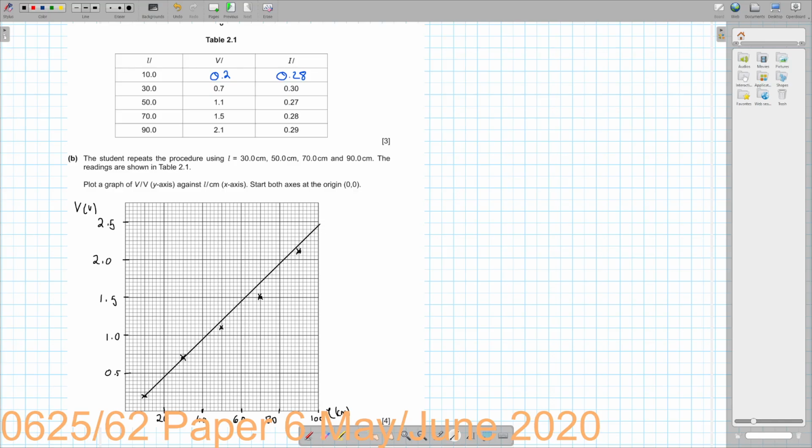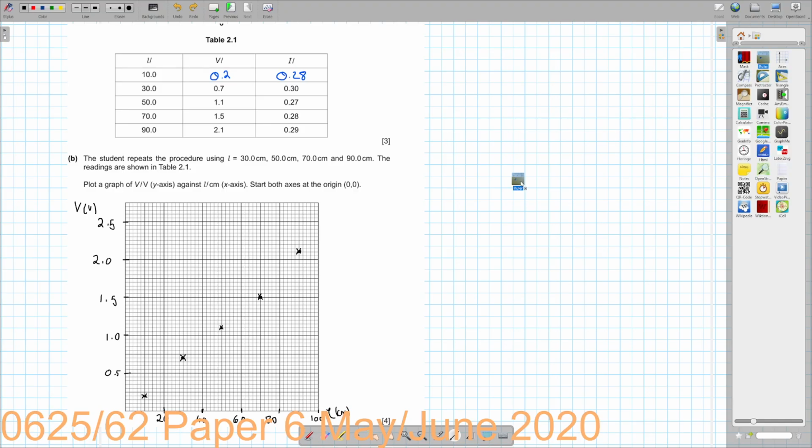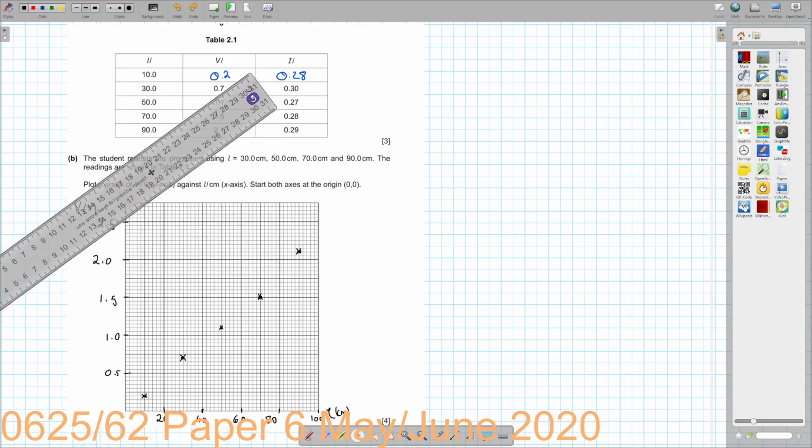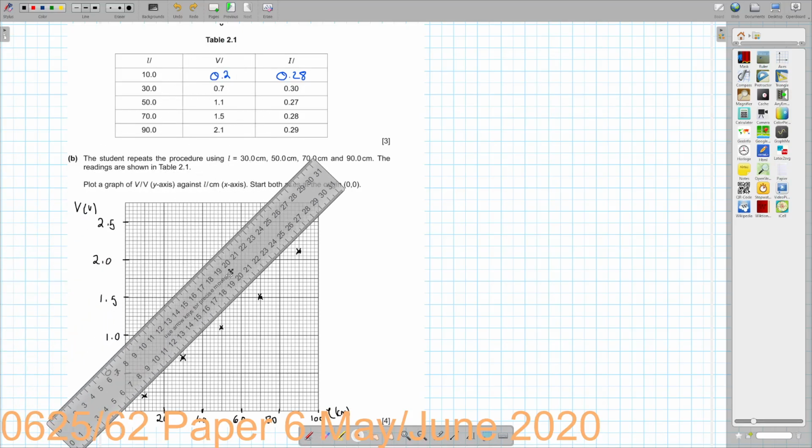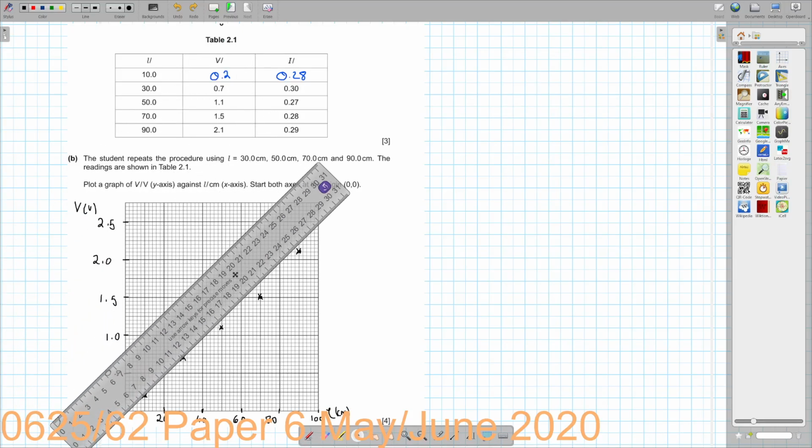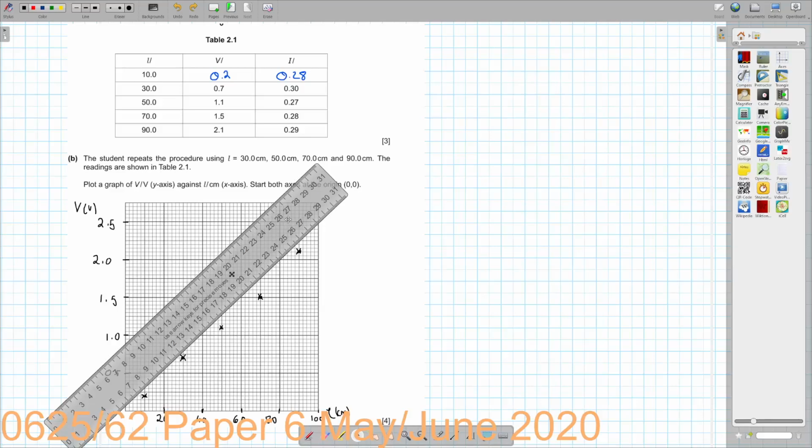Let me just use the ruler. Okay, let's take this over here.